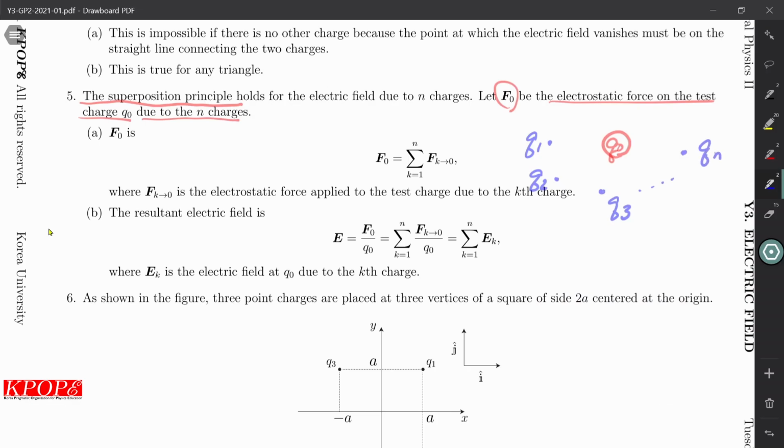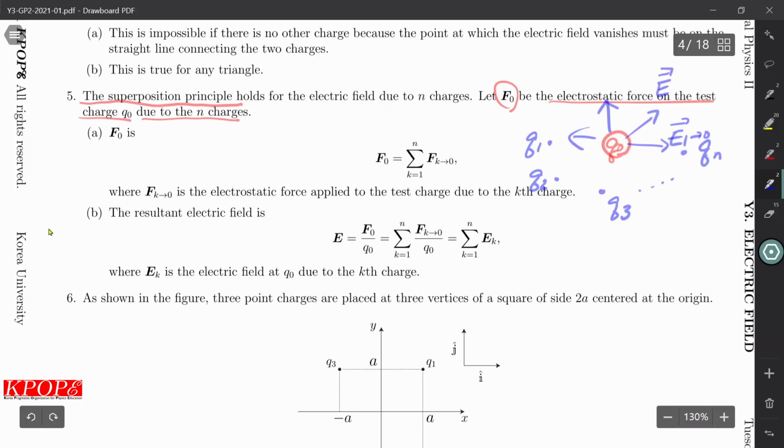There should be the electric field due to Q1, due to Q2, due to Q3, and due to Qn. So E1 0, E2 0, E3 0, En 0.